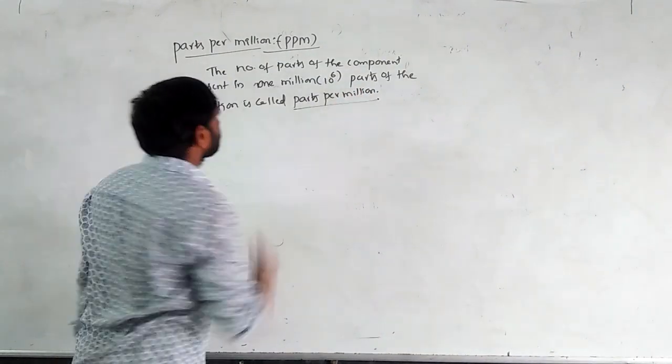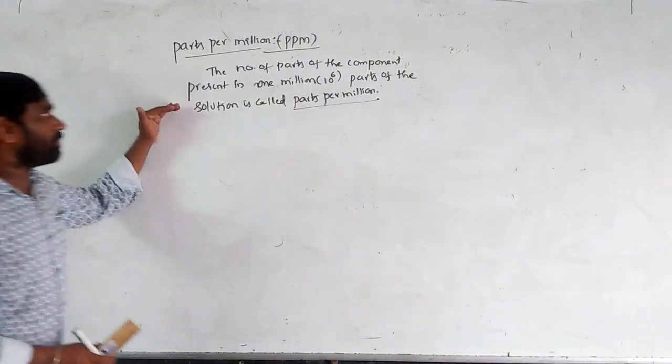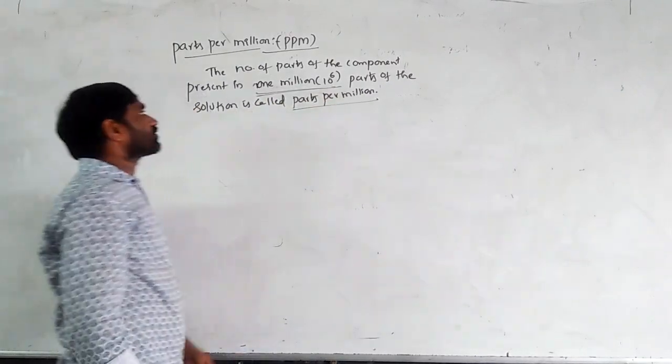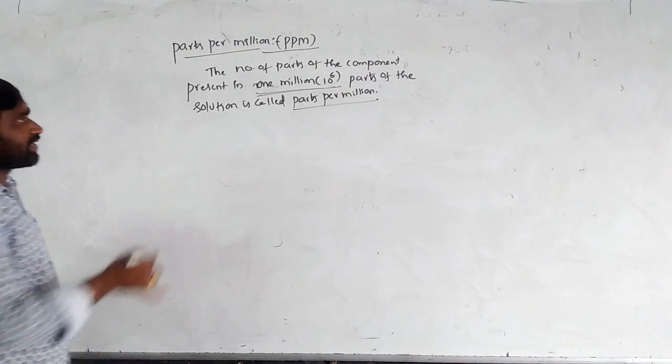The number of parts of the component present in 10 power 6 parts, 1 million parts of the solution, is called parts per million.